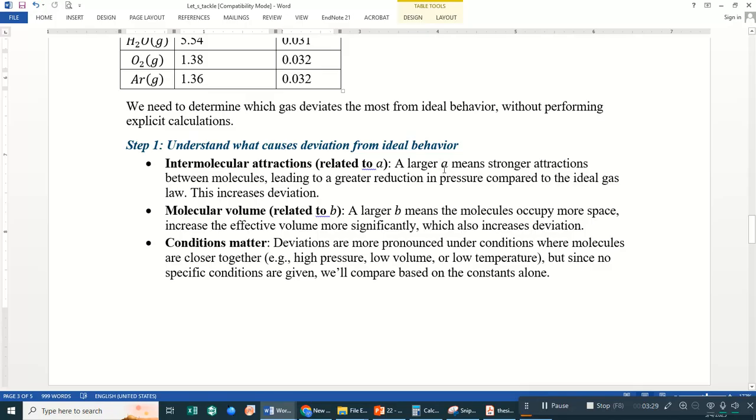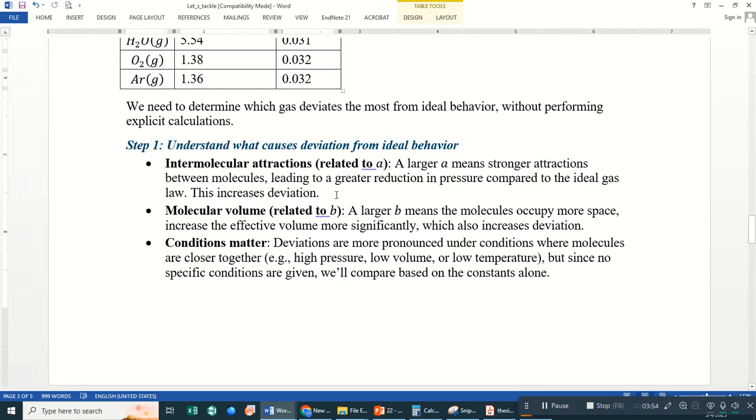A larger a means stronger attraction between the molecules, leading to the greatest reduction in pressure compared to the ideal gas law, and increases the deviation. Real gases which have a stronger force of attraction deviate more from ideal gas behavior.